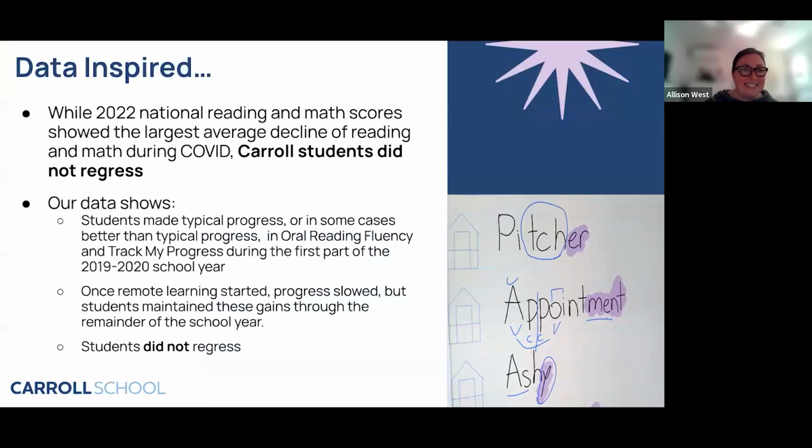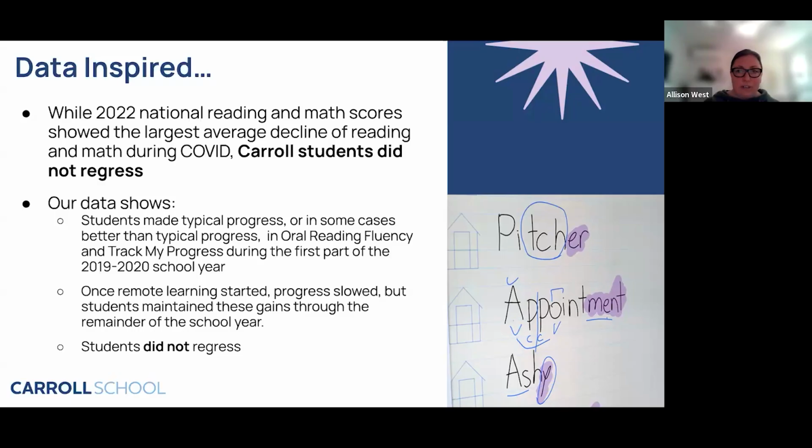Now, as with most things at Carroll, we use data to inspire our thinking and all of our decision making. And so one data point that I wanted to share as it relates to perhaps why we continue to enhance our focus area model here is on this slide. So we're going to go backwards a little bit before we go forwards.